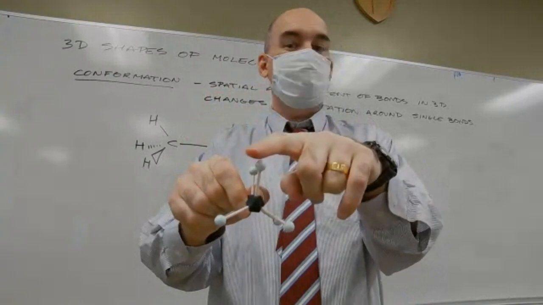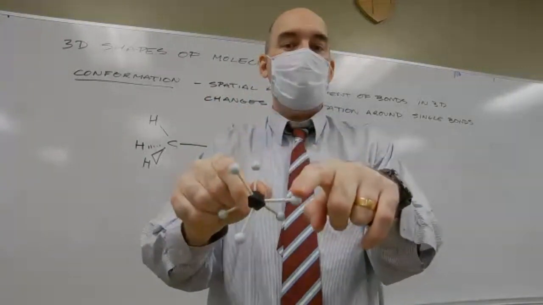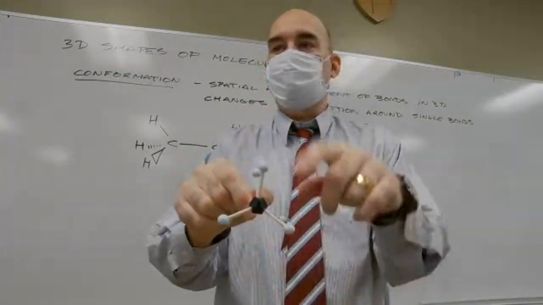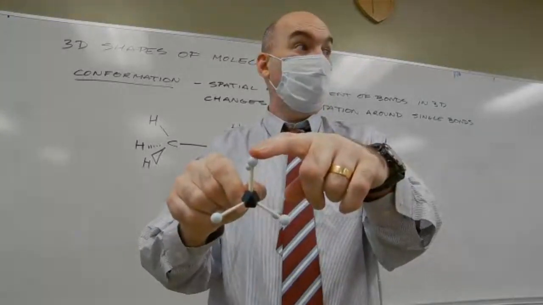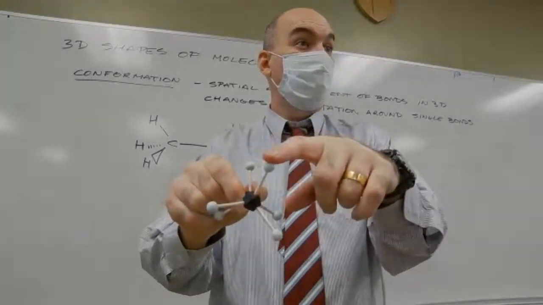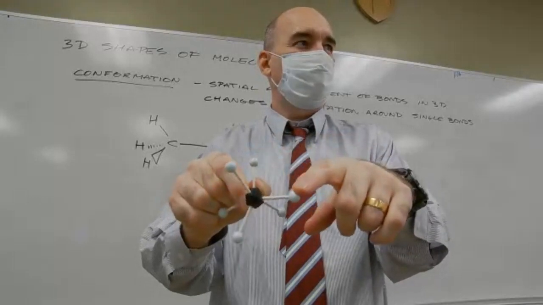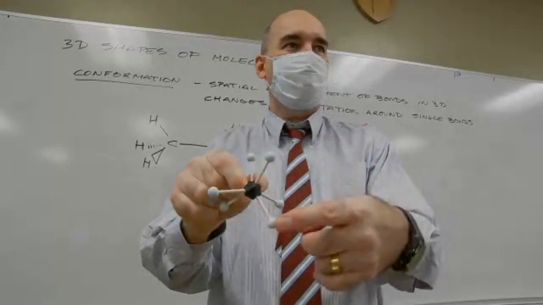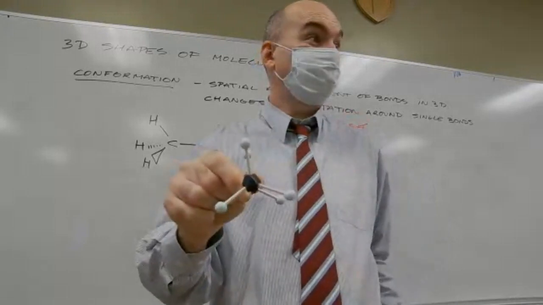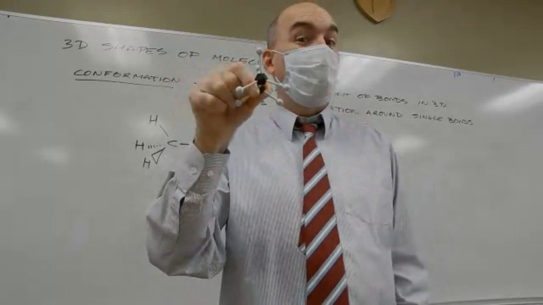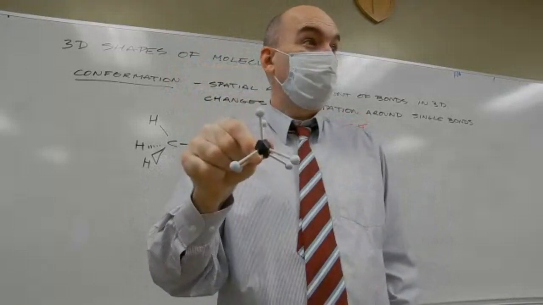Another atom takes its place. So as I do a full 360 rotation, I get areas of high repulsion, areas of low repulsion, areas of high repulsion, areas of low repulsion, areas of high repulsion. We're going to draw them this way as well.